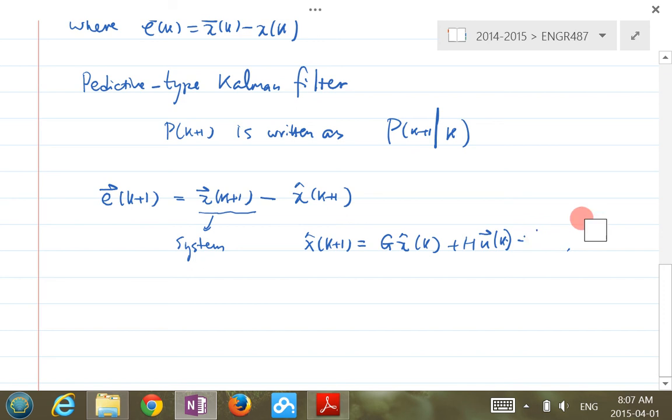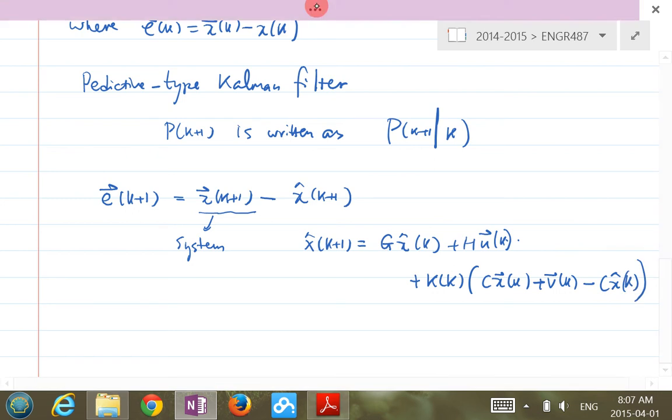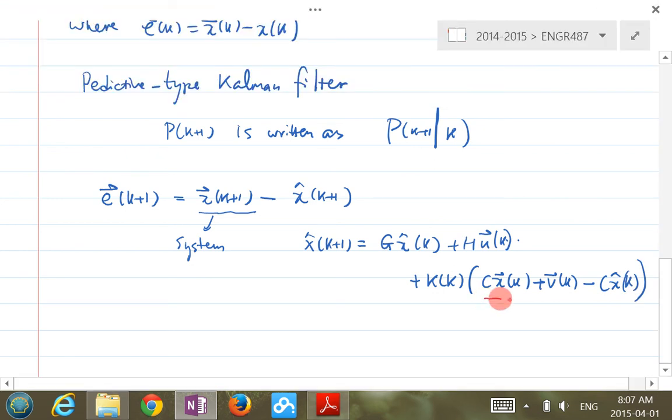Then times c x of k plus v of k minus c x hat of k. This quantity is y of k, the actual system output, and this quantity here is y hat of k.